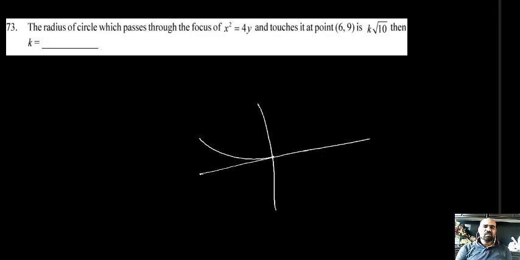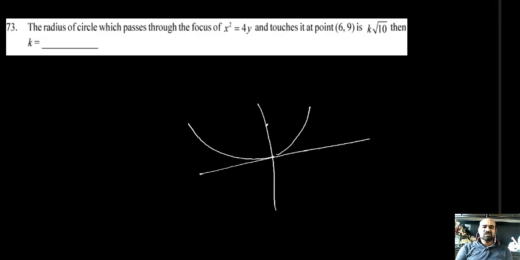Our next problem: the radius of the circle which passes through the focus of x square equal to 4y and touches it at (6, 9) is square root 10, then find the k value. So, it is an interesting question, students. I will explain. The parabola opens upwards because x square equal to 4y.